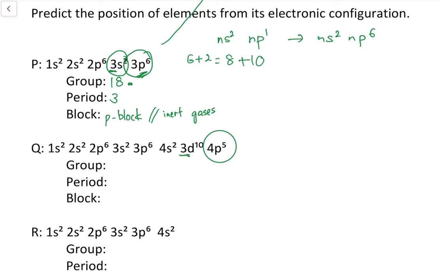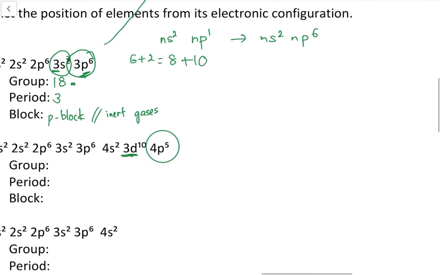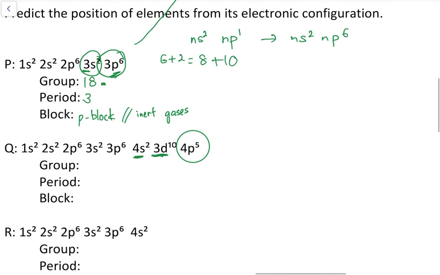Alright, the next one, also P block, but this time, are you going to look at the electrons that lie in the d orbitals, or the electrons that lie in the 4s orbital? According to the formula, you have to look at the electrons that lie in the same principal quantum number. So in this case, you have to look at the 4s.